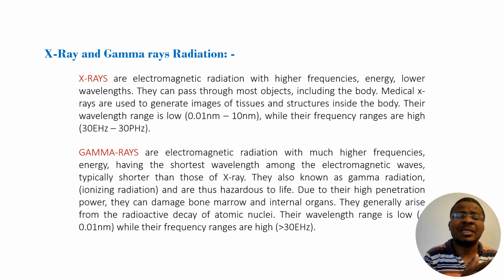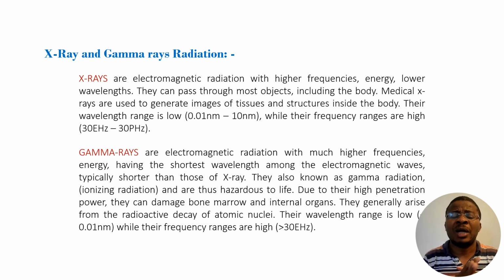Their frequency ranges are high, from 30 exahertz to 30 petahertz. The gamma rays are also important electromagnetic radiation components with much higher frequencies, much higher energy levels, but possessing very short, in fact, the shortest wavelength among the electromagnetic waves, typically shorter than those of the X-ray.